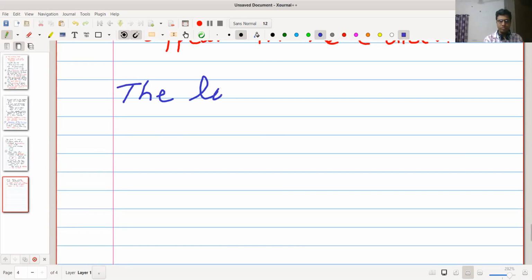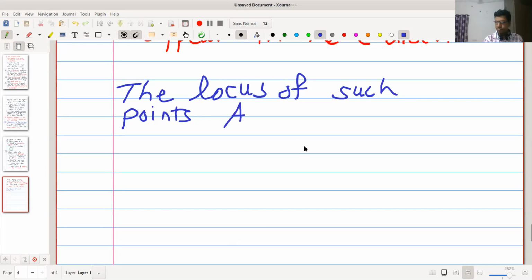The locus of such points a of contact of two curves.